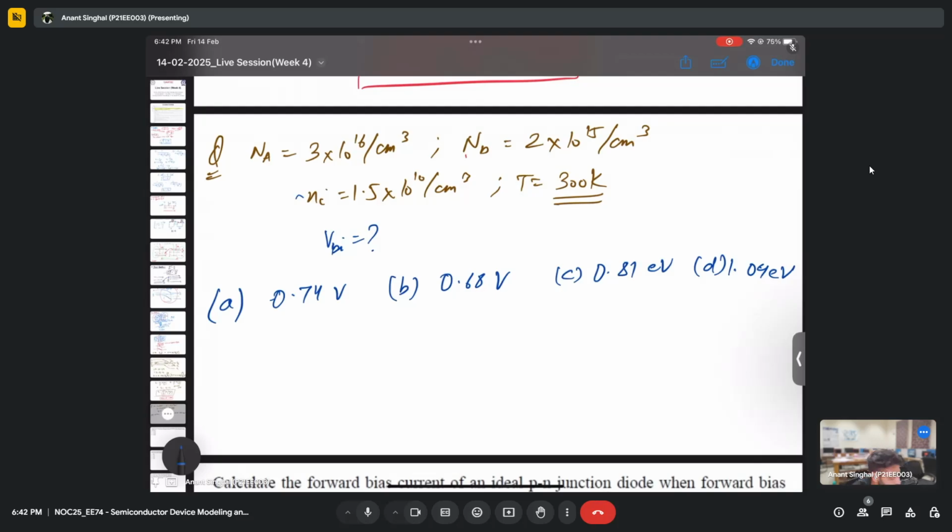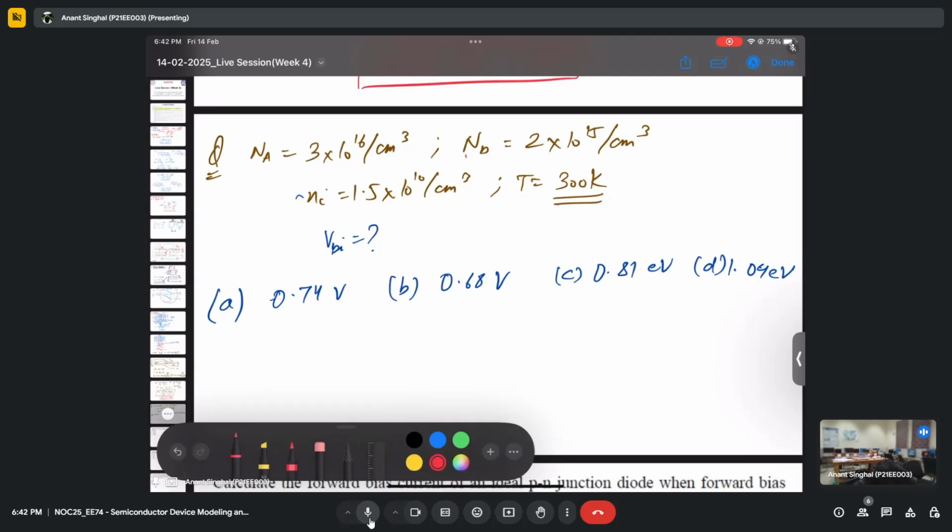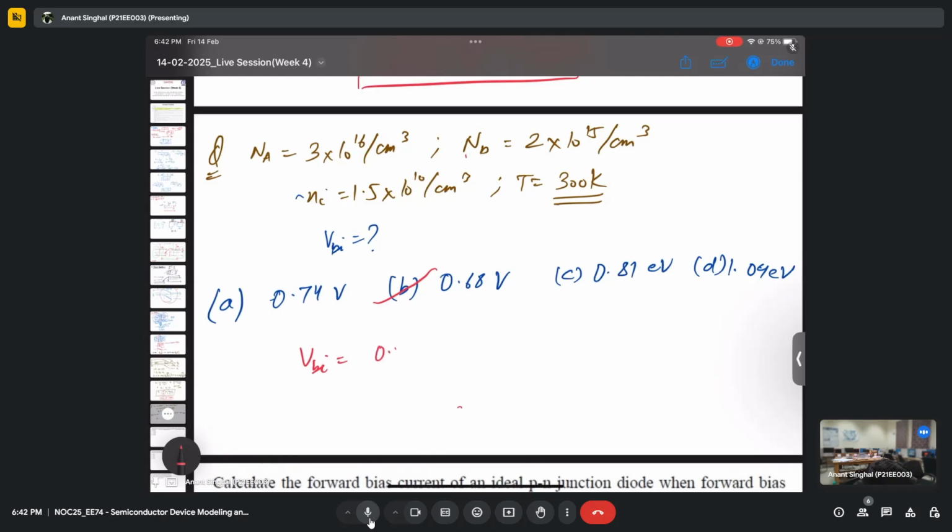Yes, it is option B. So Vbi is 0.026 times ln of (3 × 10^16 × 2 × 10^15) divided by (2.25 × 10^20). If we solve it, it will come out to be 0.68 electron volts, or 0.68 volts only.